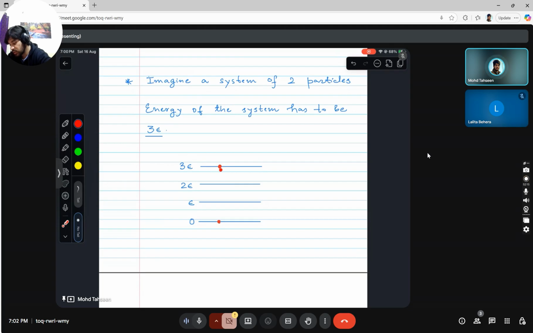If we add the two energies, we have fulfilled this constraint on our system. So this is one way in which this configuration can be achieved.